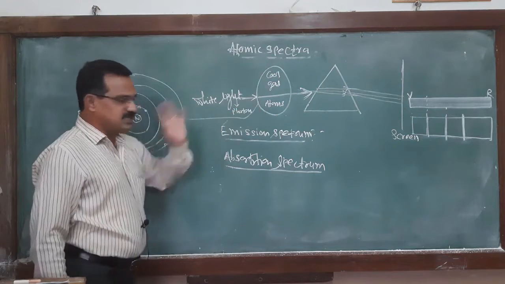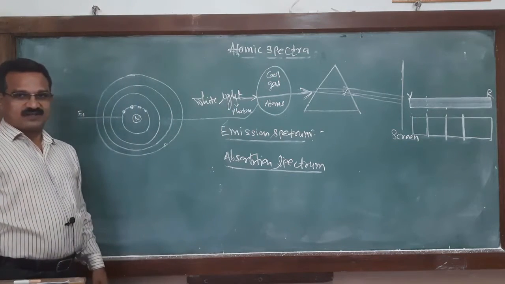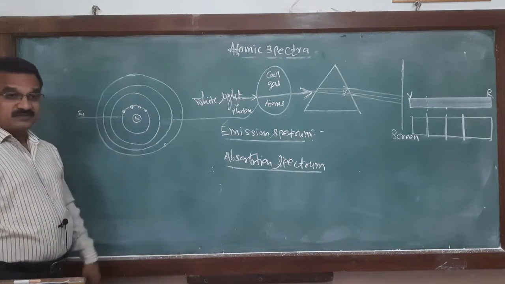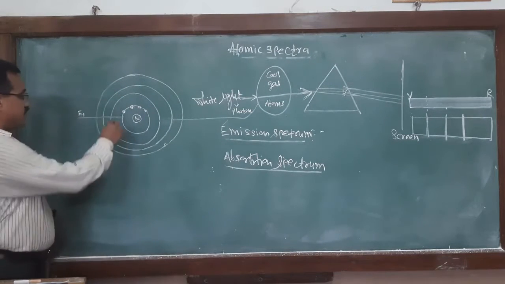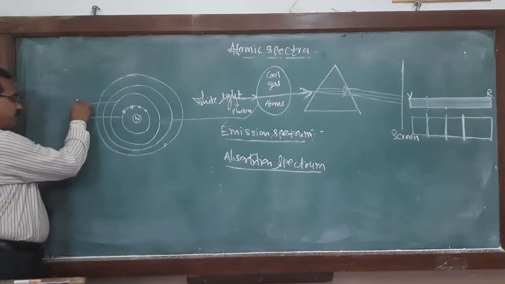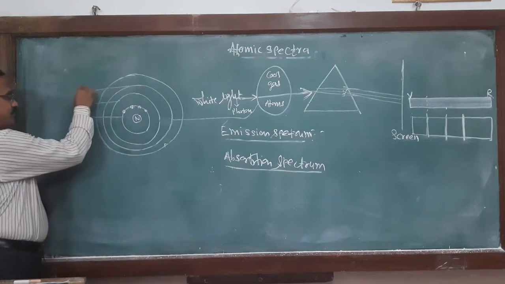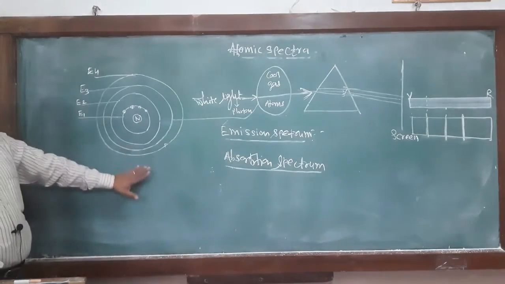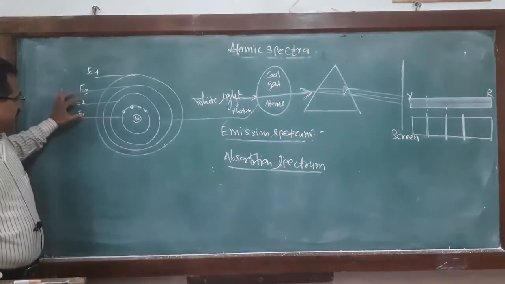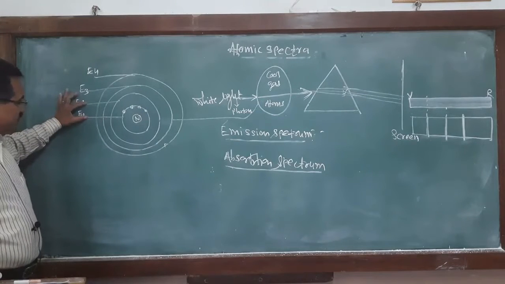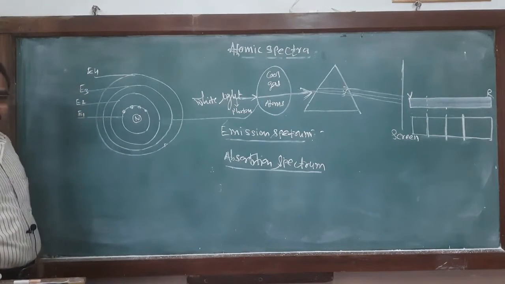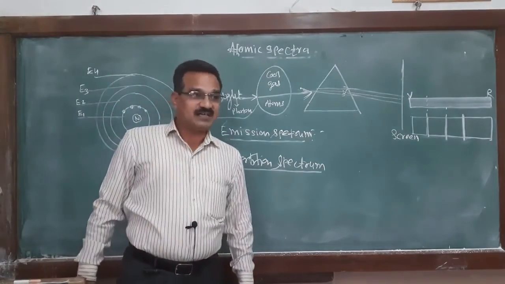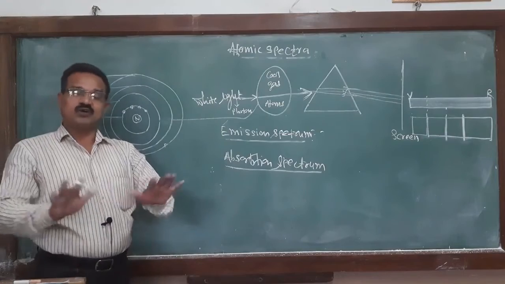When white light is incident, it contains a number of photons, and if the energy of the photon is equal to the difference of the energy of these two levels, at that time that photon is absorbed. Otherwise that photon cannot be absorbed.